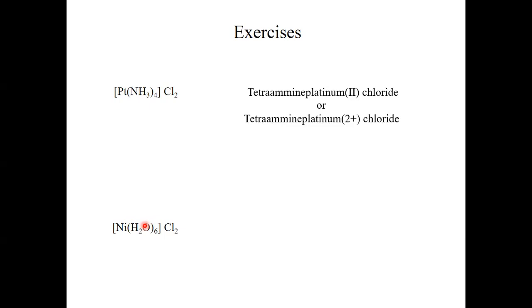Okay. So know that. Then it is a hexaaqua. The metal is nickel. So it's a hexaaqua nickel. And yes, the oxidation state is +2 because also the water molecules are neutral ligands. So we need 2 chloride anions to compensate the charge of the complex cation, which therefore must be 2+, therefore the nickel must be 2+. So it's either hexaaqua nickel(II) chloride or hexaaqua nickel(2+) chloride.